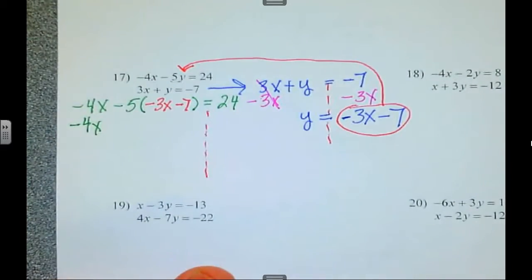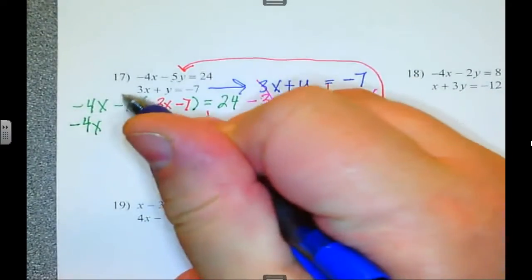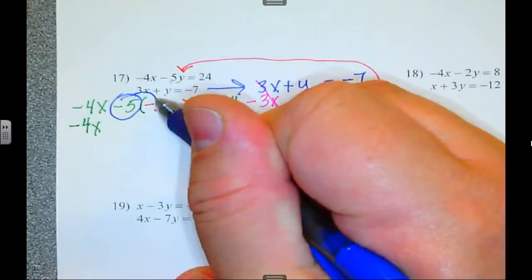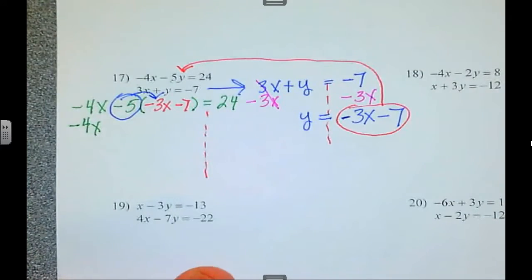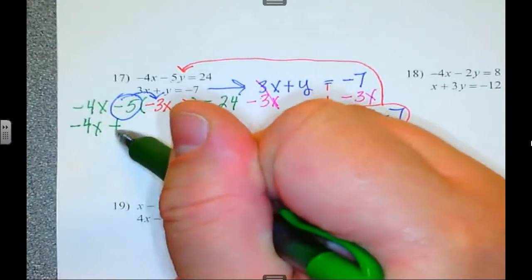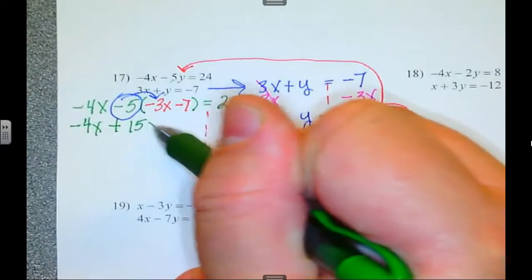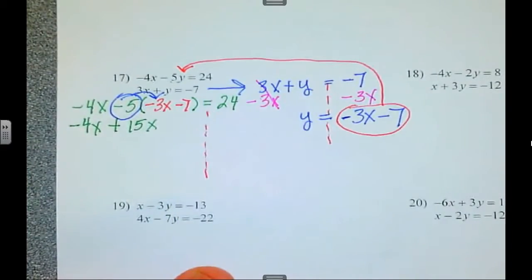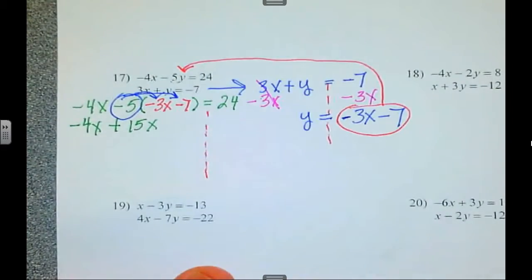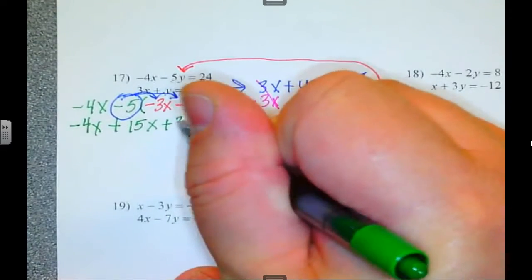I have a number out in front of parentheses, so I'm going to distribute the negative 5. Negative 5 times negative 3x, positive 15x. Negative 5 times negative 7, positive 35.